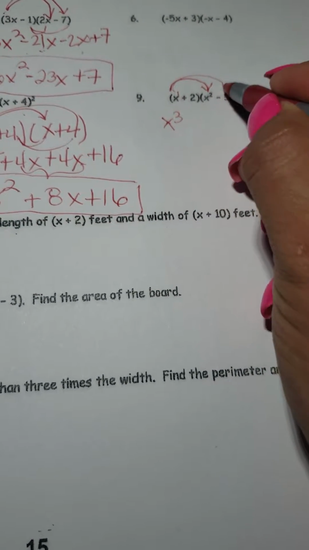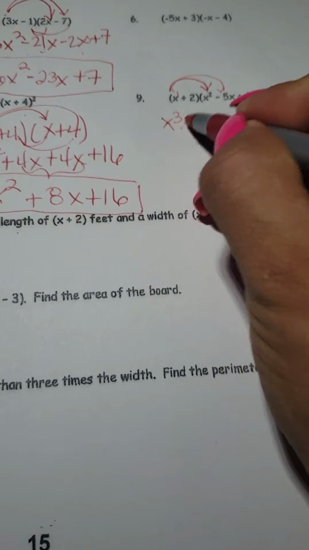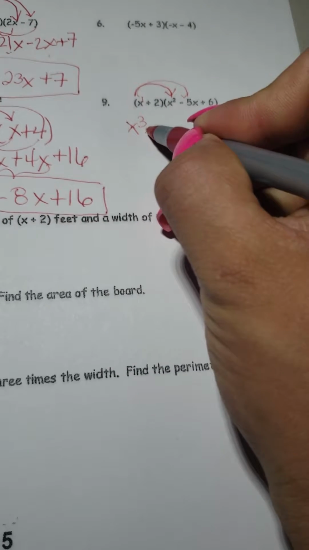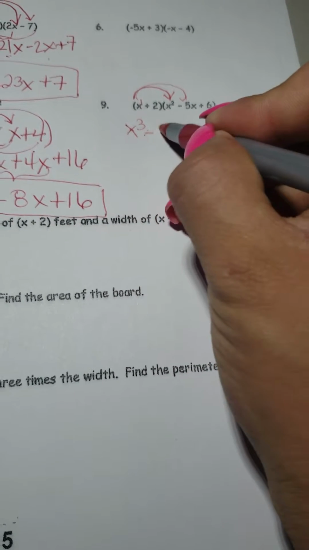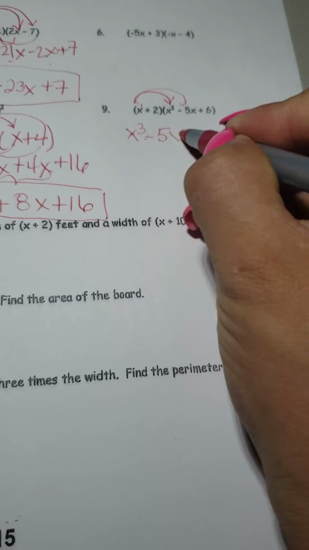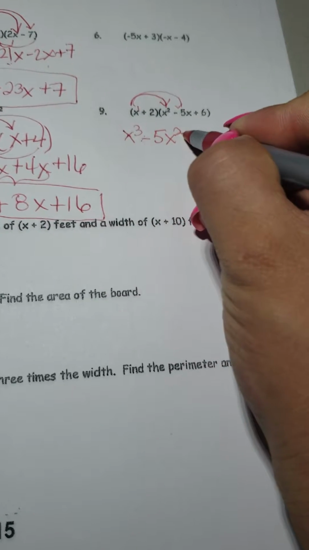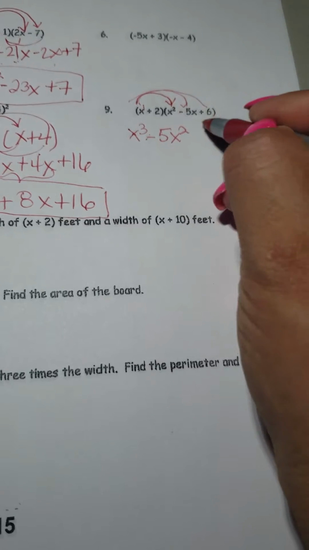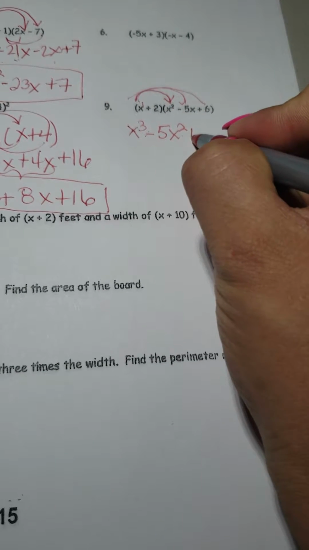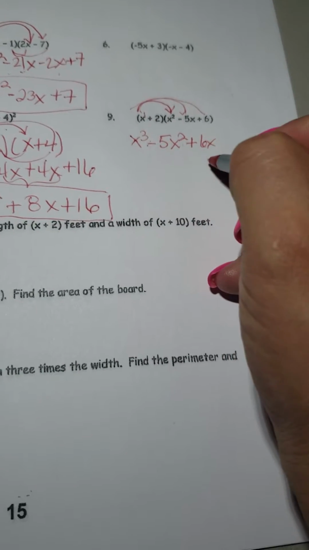Then x times negative 5x is going to give me negative 5x squared, very good. Then x times positive 6, just positive 6x, so plus 6x.